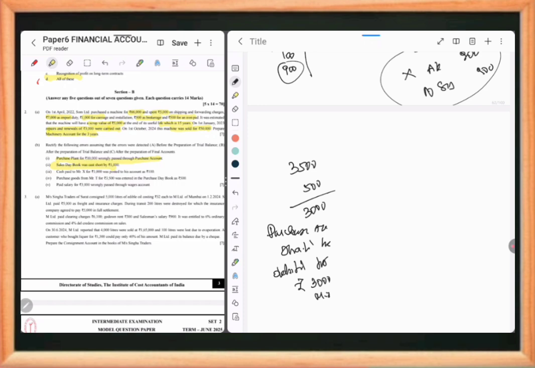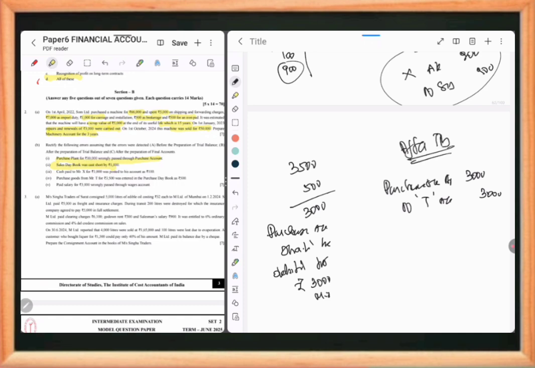So we have to pass the remaining balance 3,000 rupees. In this case, we have to pass another journal entry, because we had already passed one entry, purchases account debit to T, that is for 500. So the remaining balance we will pass in another entry. So purchases account debit to T account. How much? 3,000. This is for after trial balance.